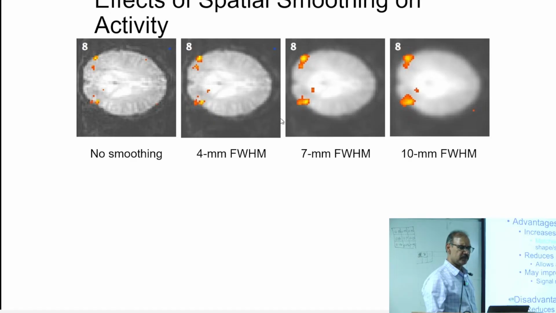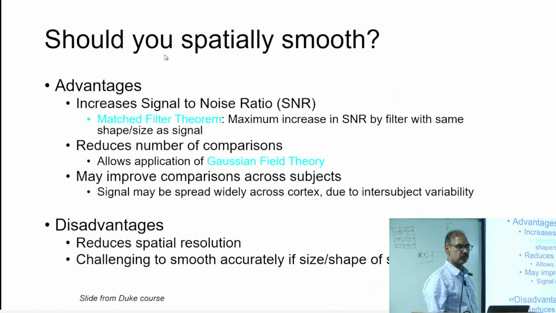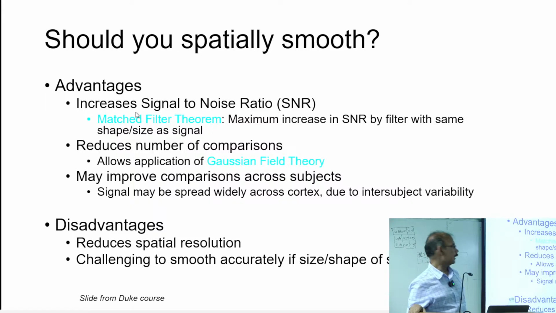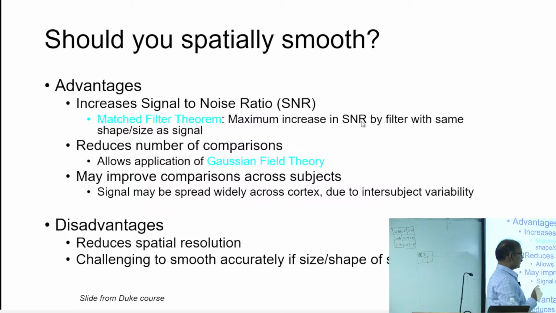So the question is, should you do spatial smoothing? The advantage, as I mentioned, is that it increases signal to noise ratio, and it uses this concept of matched filter, where the maximum increase in SNR comes from a filter with the same shape and size as the signal, right?